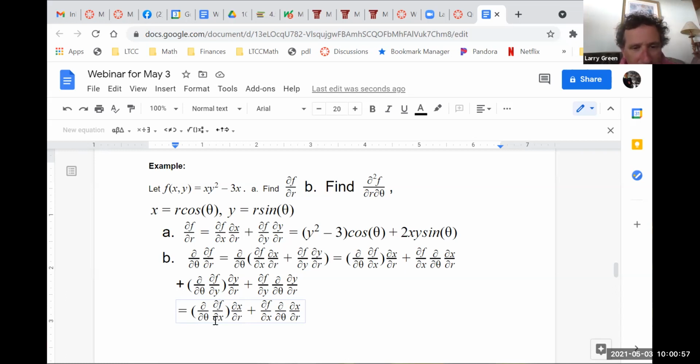So to use that chain rule, del over del theta of del f del x is going to be del squared f over del x squared times del x over del theta, plus, and now we're going to have the same idea, doing it for y.